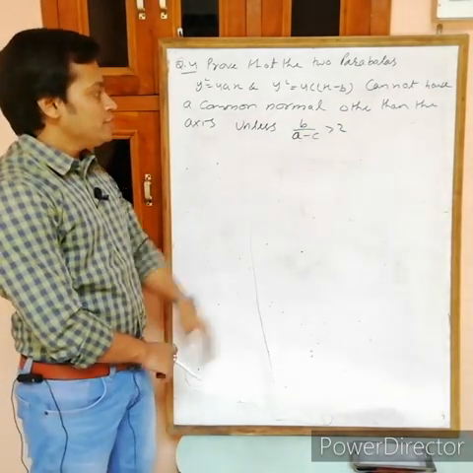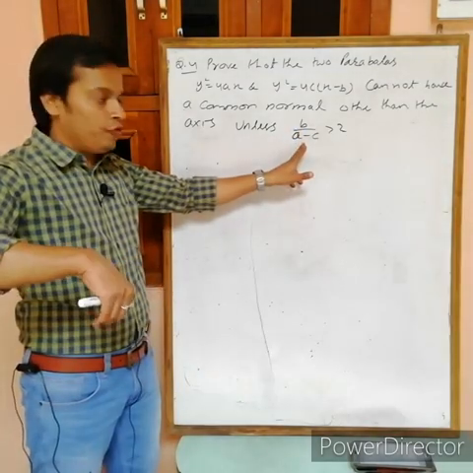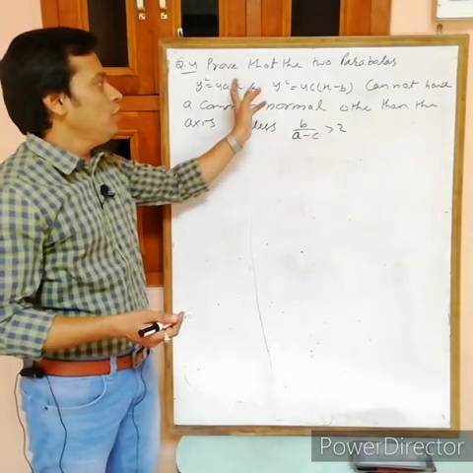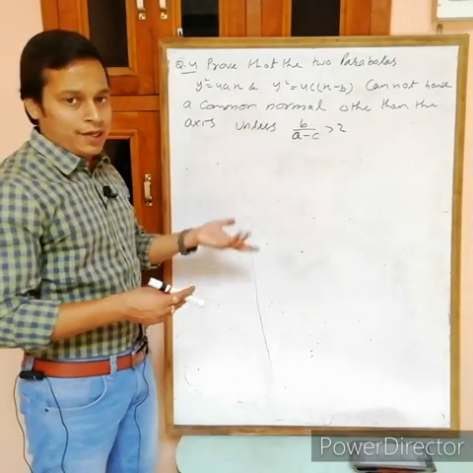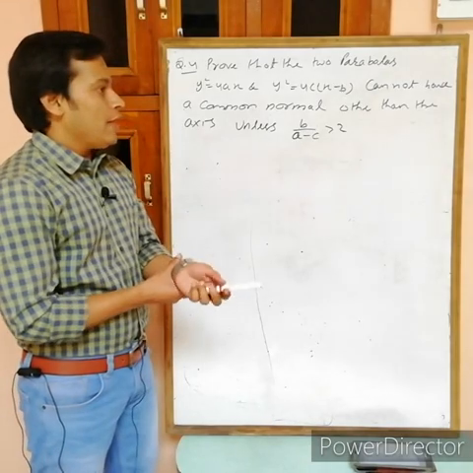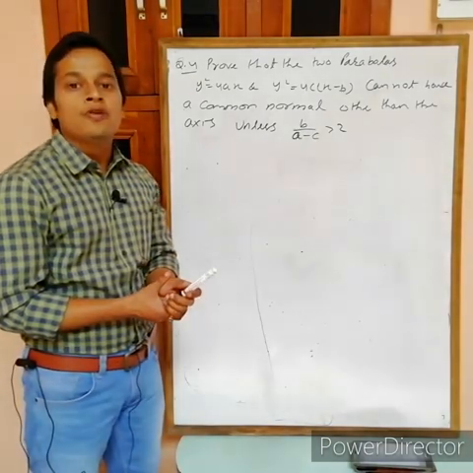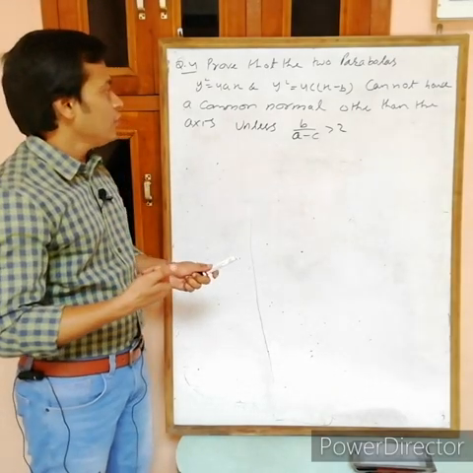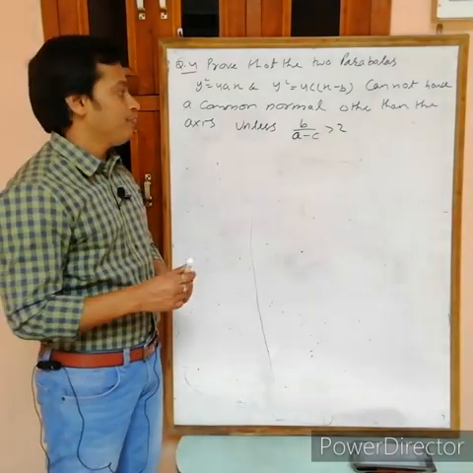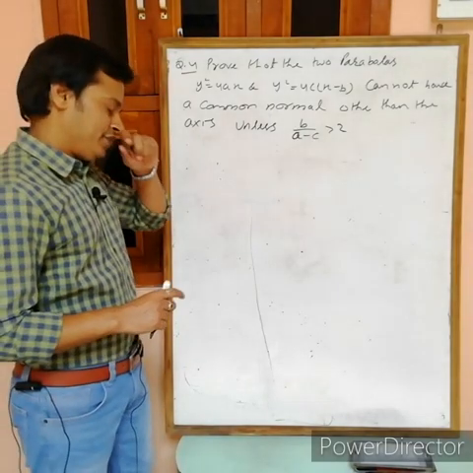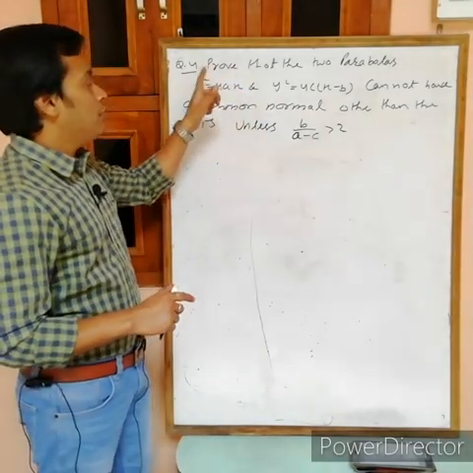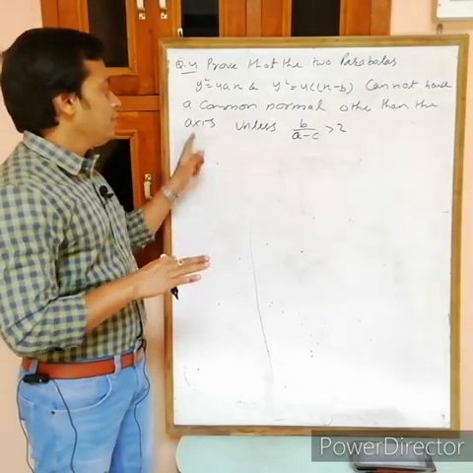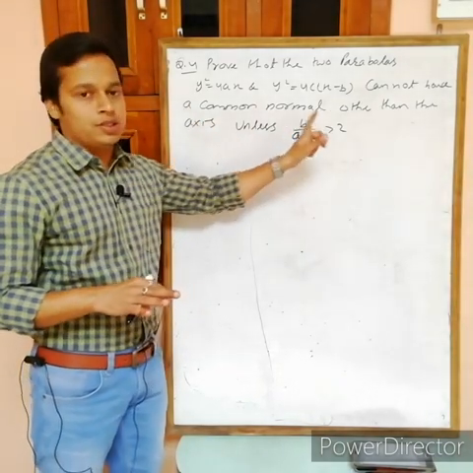This is the condition for a common normal other than the axis. The axis is the normal with slope 0.